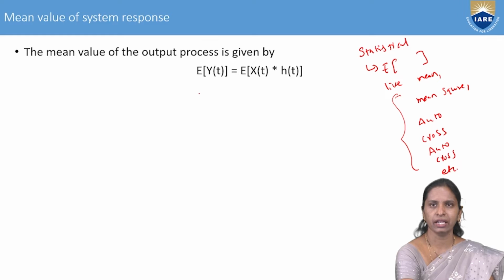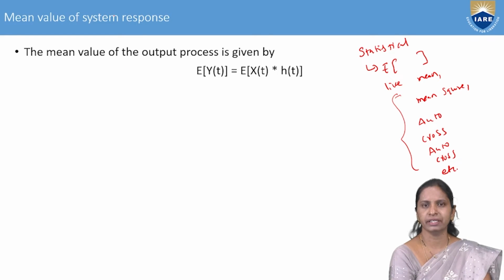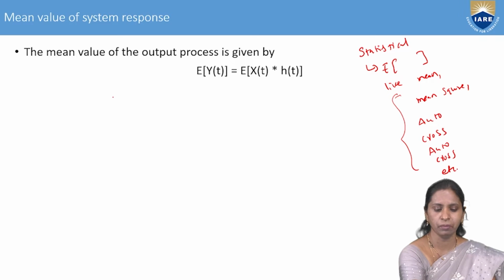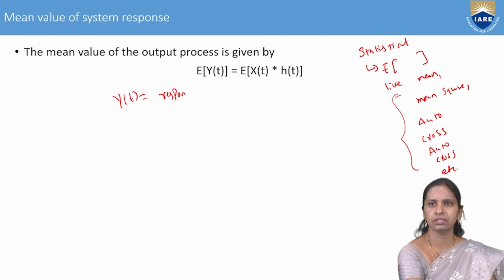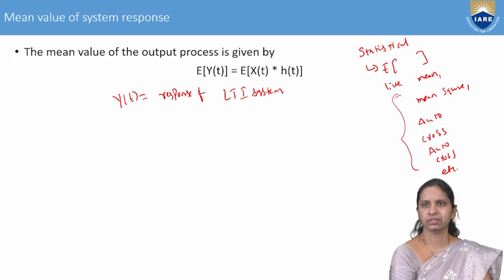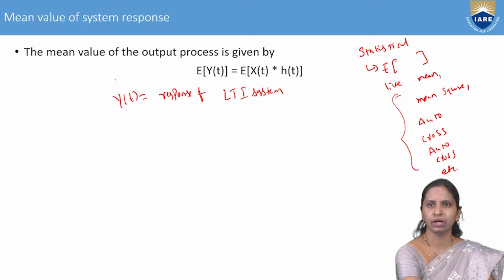So first we will calculate the mean value of the response of the LTI system. What is the response of the LTI system? y of t is called the response of the LTI system. Now we have to calculate the mean value of the response of the system.